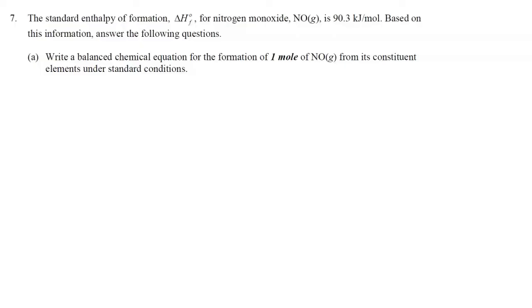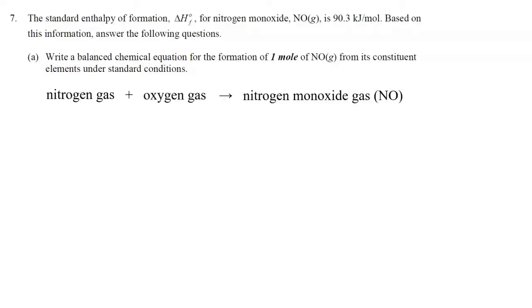Part A, write a balanced chemical equation for the formation of 1 mole of nitrogen monoxide gas from its constituent elements under standard conditions. So the elements that are involved in producing nitrogen monoxide are nitrogen gas and oxygen gas, and they combine together to produce nitrogen monoxide gas.